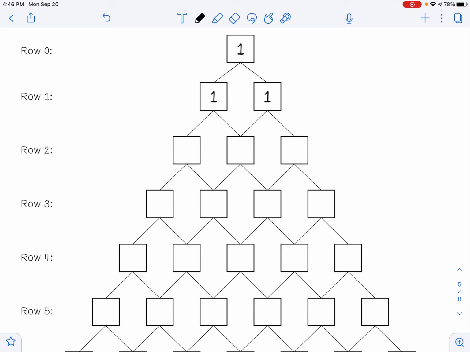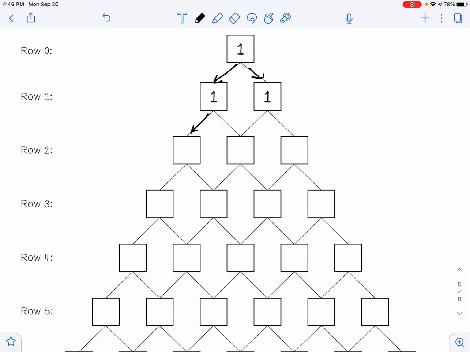So if we start with this triangle right here, right? We're going to start with 1. Now, if I go down to this box right here, well, there's only one way to get to this box. And so that's how we get the number 1 here. And then over here, there's only one way to get to this box. Let's go to the next row.